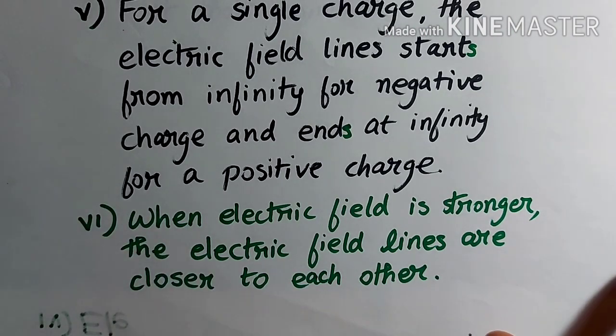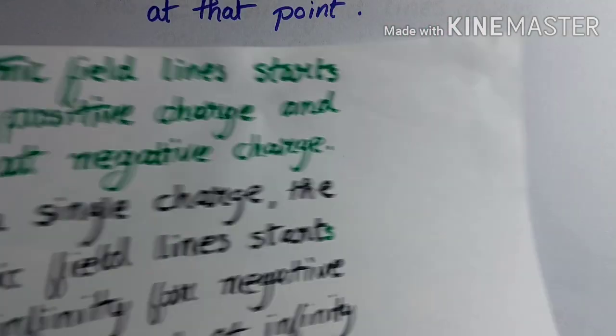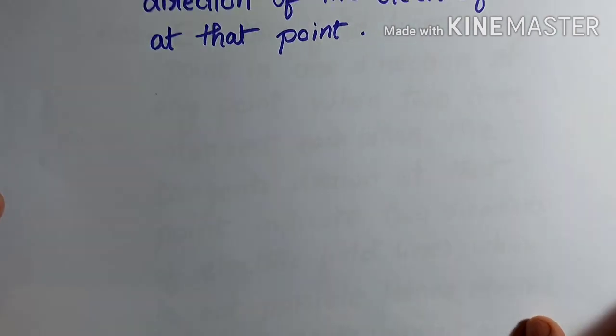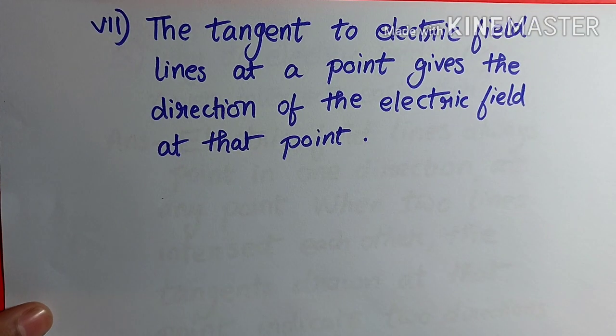Coming over to the seventh property, and that is the most important property. It says that the tangent to electric field lines at a point gives the direction of electric field at that point.